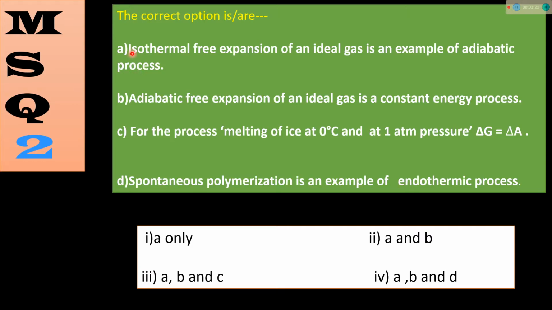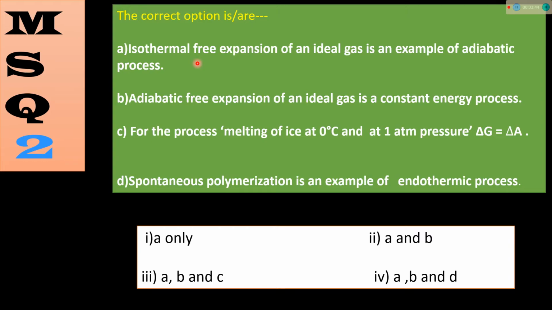The first statement says that isothermal free expansion of an ideal gas is an example of adiabatic process. First read the four statements, then we will see them one by one and explain details.